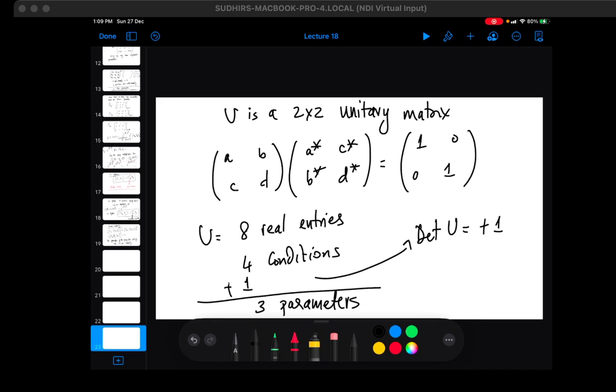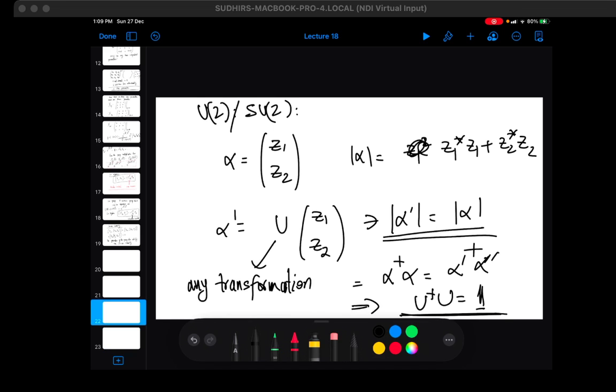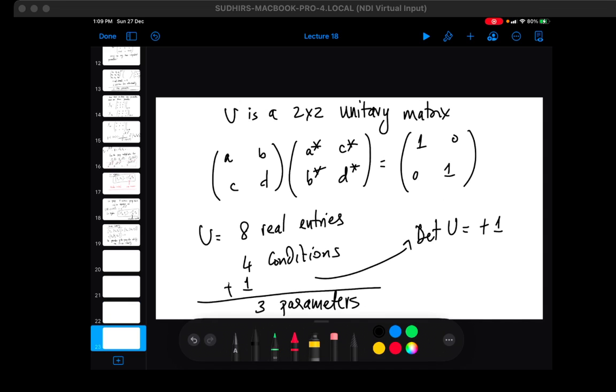So what we have seen is that U is a 2 by 2 complex matrix which is unitary, and this is algebra we have seen earlier: if U is a 2 by 2 unitary matrix, then U U dagger is equal to 1.